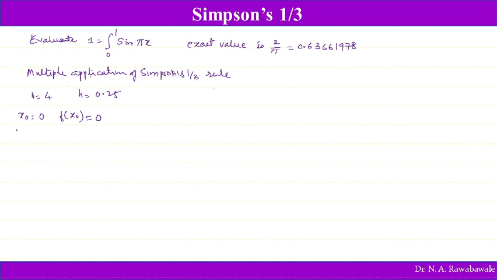Now x1 is equal to 0.25, so f of x1 is sine of 0.25 into pi.